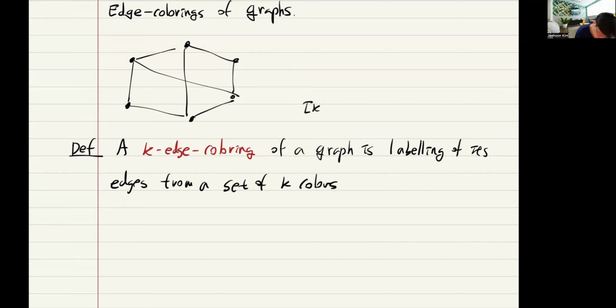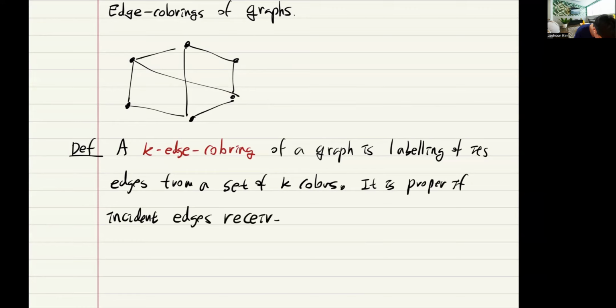Again, we usually use the bracket K, the set of all integers from 1 to K, as the colors, but in theory it could be anything. And we say that it is a proper coloring if any incident edges receive distinct colors.